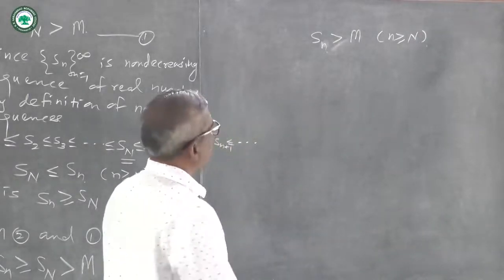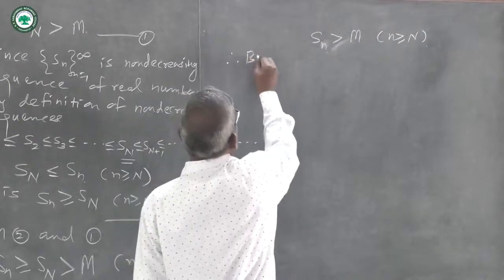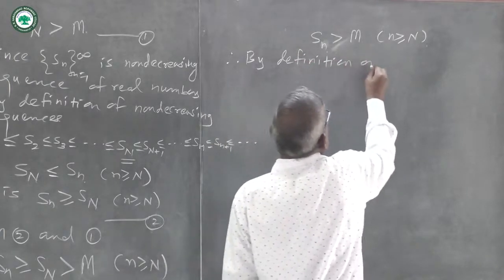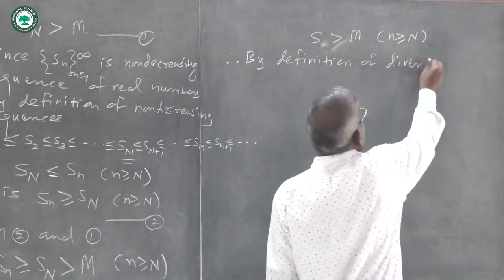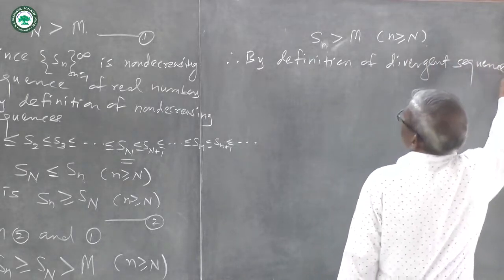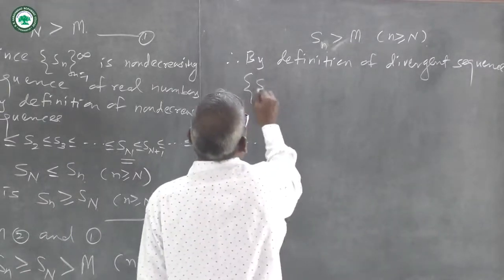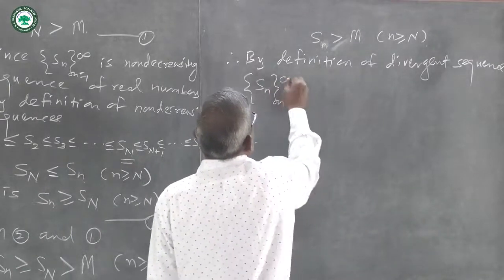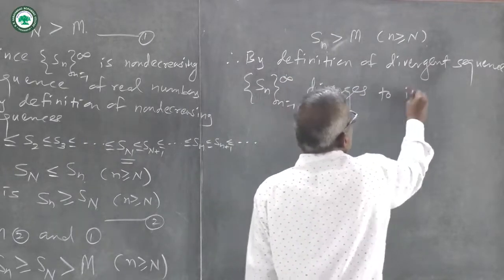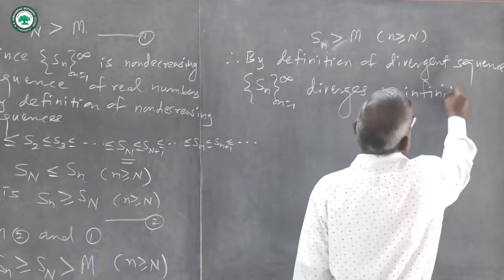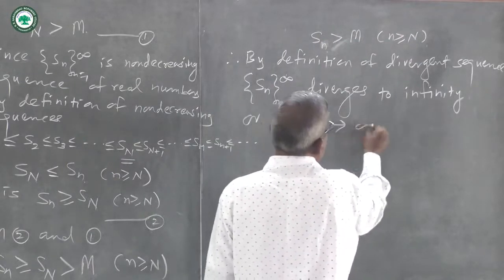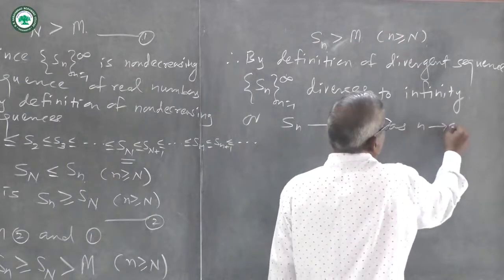Therefore, by definition of divergent sequence, the sequence Sn, n equal to 1 to infinity, diverges to infinity, or Sn tends to infinity as n tends to infinity.